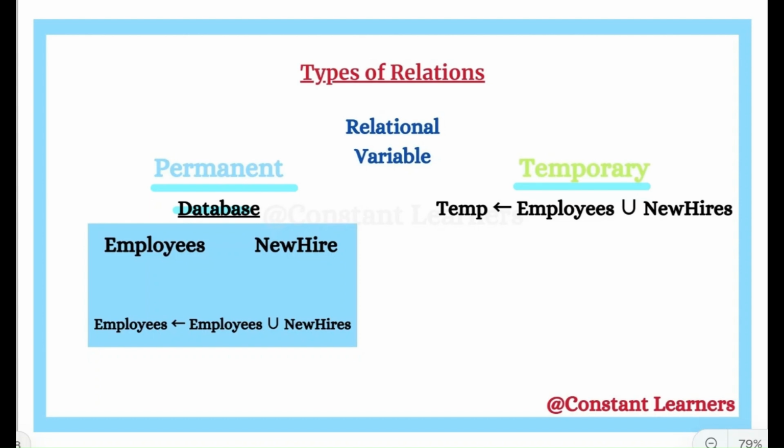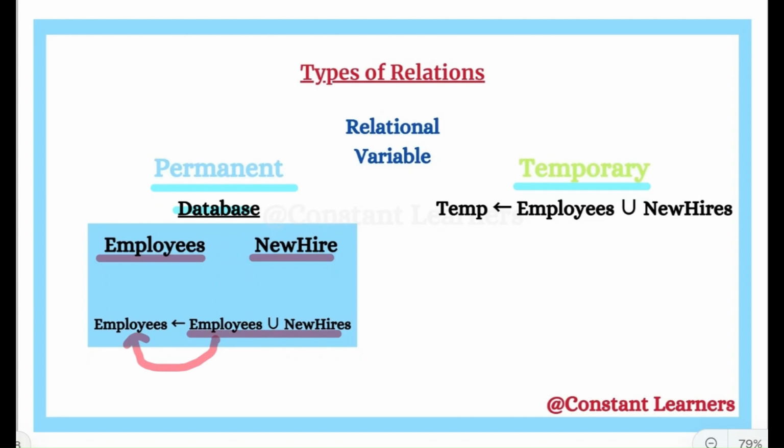Now, permanent relations or permanent tables are those that are physically stored inside your database. Like here, we have two tables. One is the employees table and the other one is the new hire table, right? Now, let's say we are taking the union of the employees table and the new hires table, and the output of this union is being stored inside the employees table.